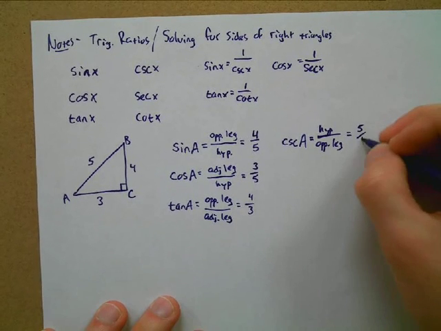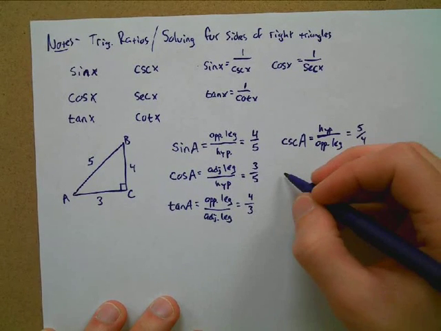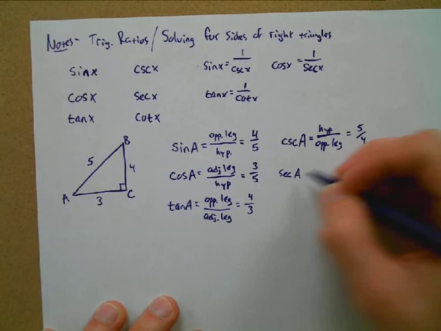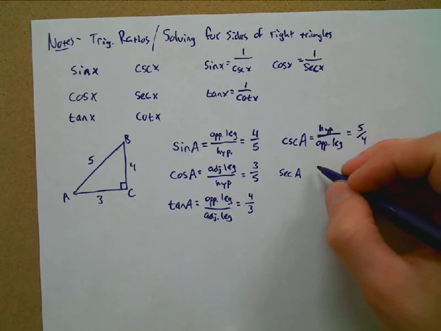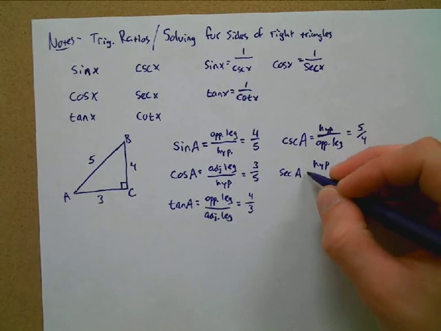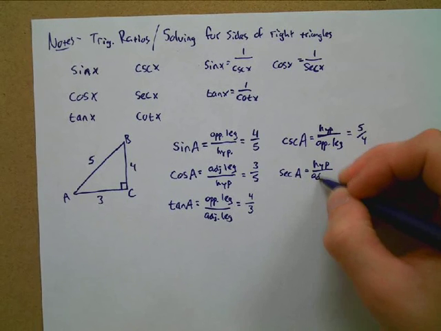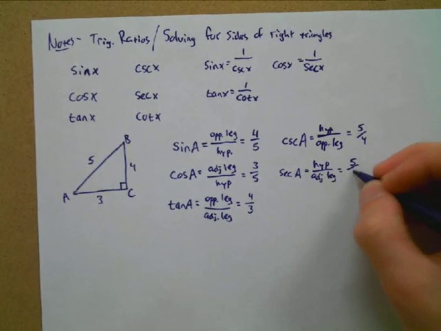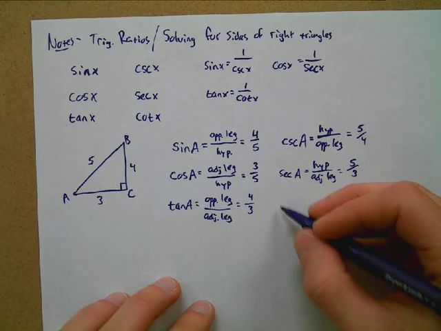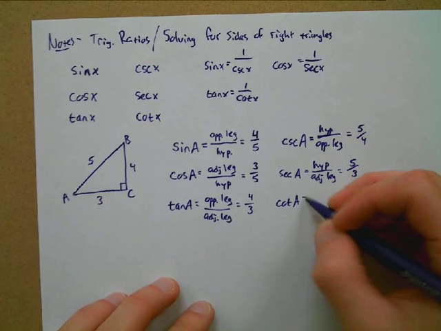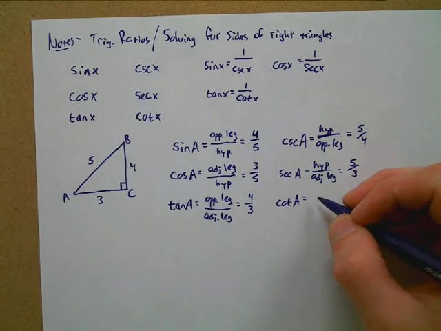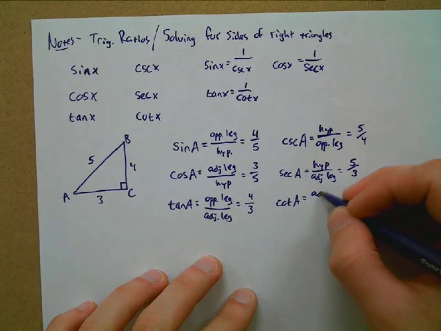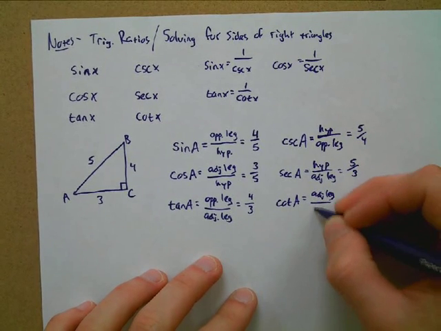Secant of A is the reciprocal of cosine, so it's hypotenuse over the adjacent leg, which in this case is 5/3. And then cotangent is the reciprocal of tangent, so instead of opposite over adjacent, it's adjacent leg over opposite leg, which is 3 over 4.